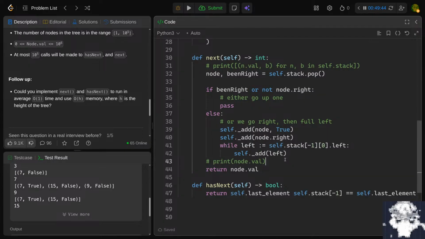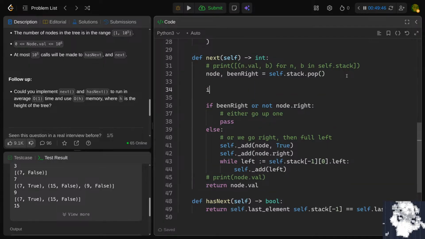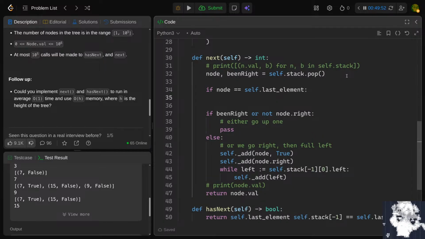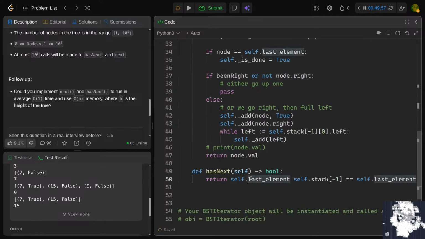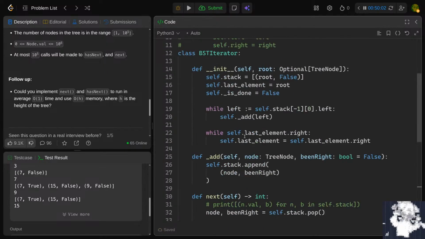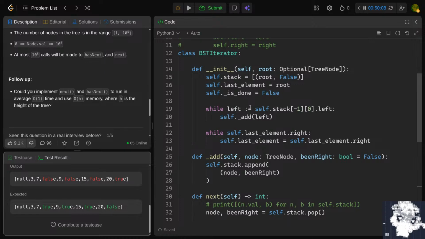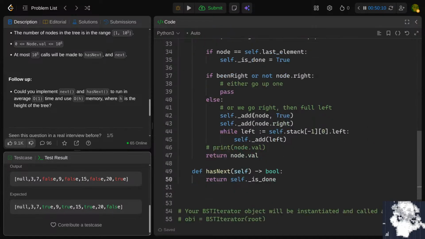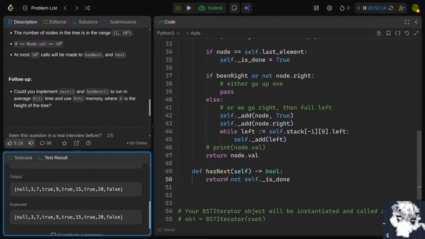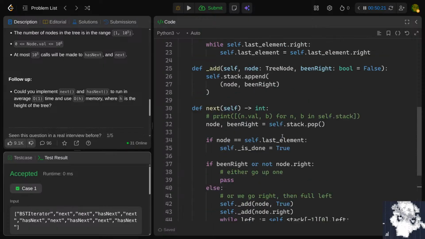Whenever you visit the last element, if node equals self.last element, self.is done equals true. Here you just return self.is done. Right? Not right. Oh, return not that. Yeah, okay.